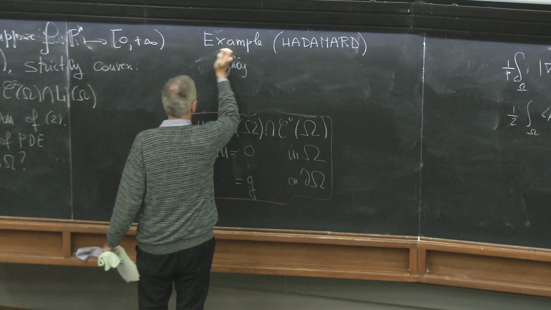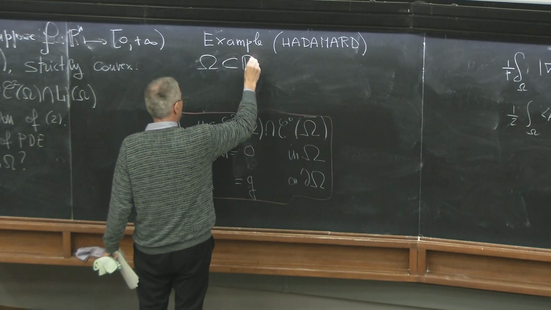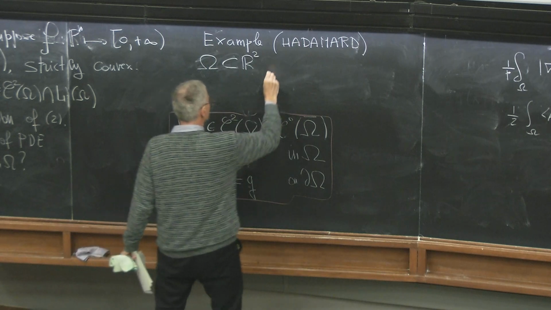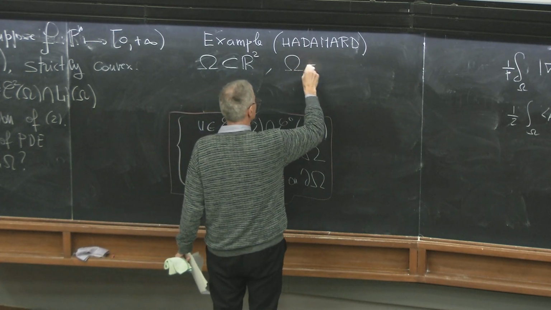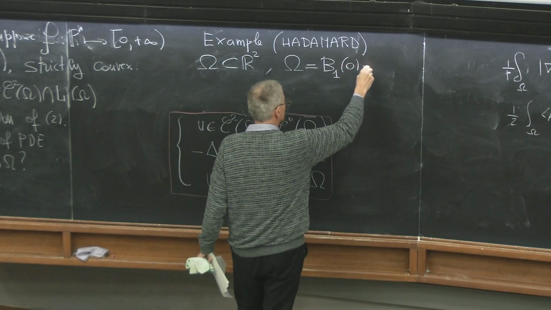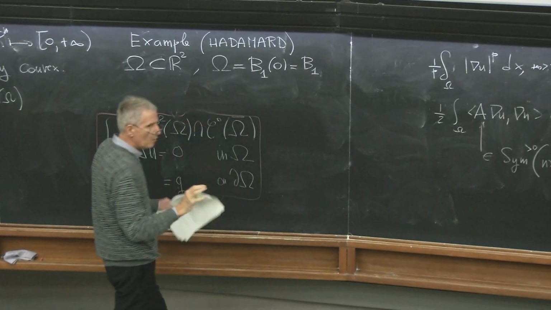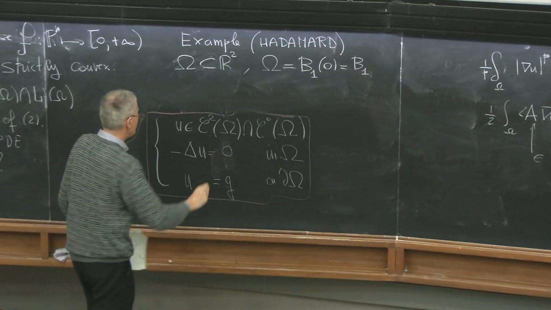The example will be done in 2 dimensions, and for a very smooth omega, which is the unit disk. Okay? So let me denote it simply by B1. So the open unit disk in 2 dimensions.